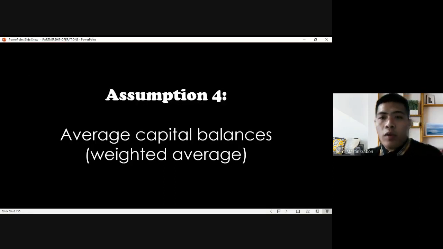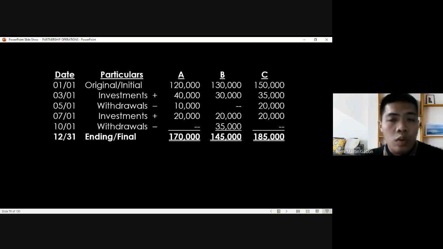Then assumption 4, ito na yung most common na ginagamit at lumalabas for problem solving purposes, which is the weighted average capital balances. When we say weighted average, it does not mean the same as the simple average. For accounting for partnership, weighted average is done through this one.